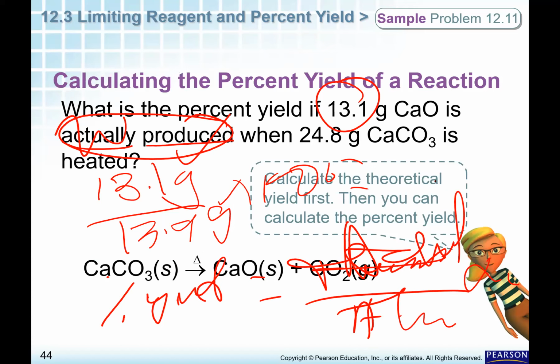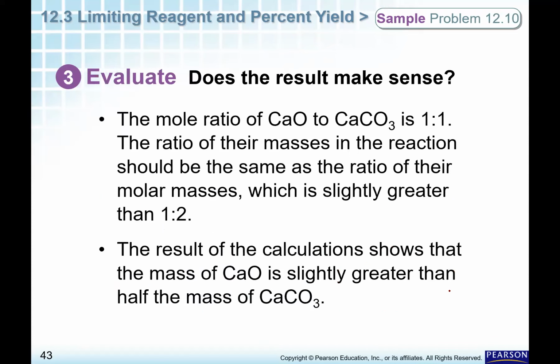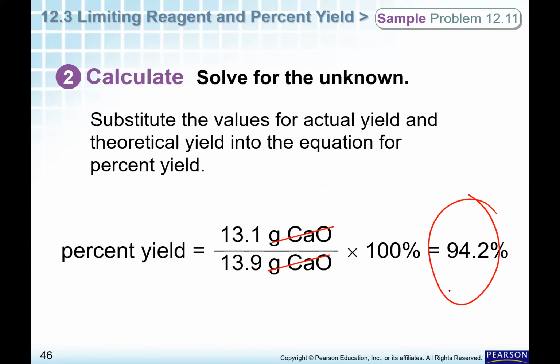So that is following up the first question. So 24.8 is the reactant, not the product. Based on what we've done here, we know that what we get is 13.9. So your theoretical yield is 13.9, not 24.8. So what you get here is 94 by dividing the actual by the theoretical, which you calculated in the previous question.